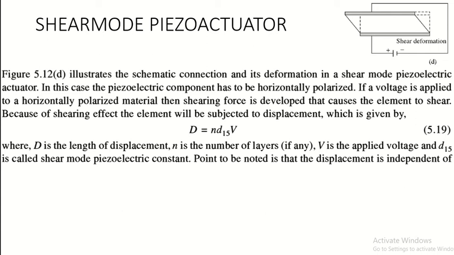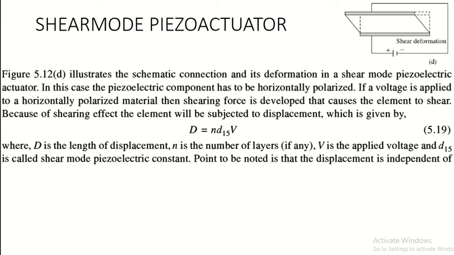You can see that previously this dotted line shows the figure was kept horizontal, and when the force is applied, it has come to this direction. The material gets slanted, a deformation comes in the material toward this direction.